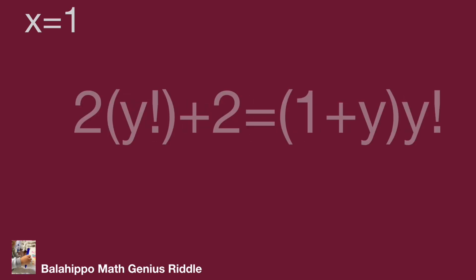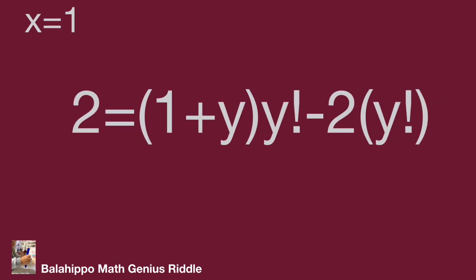Then develop it and adjust (1 plus y) factorial equals (1 plus y) times y factorial. Then move the number 2 to one side as 2 equals (1 plus y) times y factorial minus 2 times y factorial.